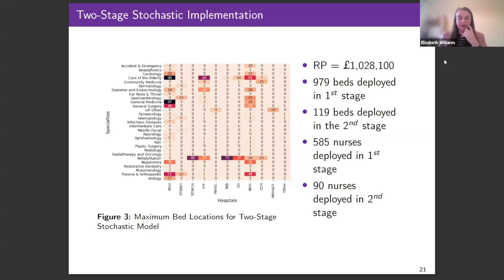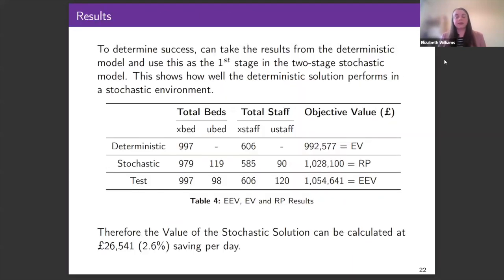One of the good things about this is we can work out how successful this model has been, because the stochastic model will always be more expensive than the deterministic. But we can calculate something called the value of the stochastic solution. What this means is you take the deterministic model and fix it as the first stage in the stochastic model.